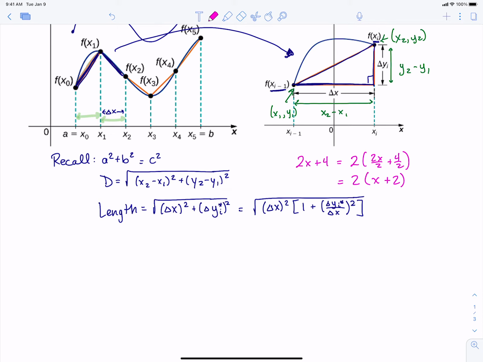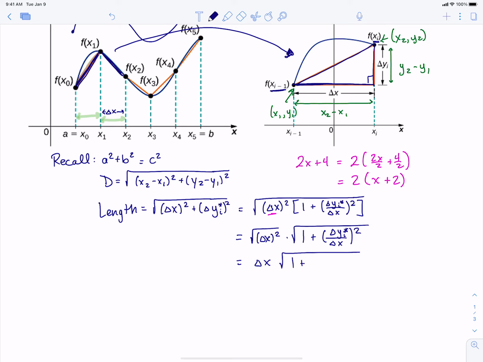That's what we're doing here: factoring out delta x squared, so we're dividing each term by delta x squared. Now we can simplify because we've got multiplication inside of our square root. We can separate out the delta x squared that's out in the front, and the square root of delta x squared is delta x.